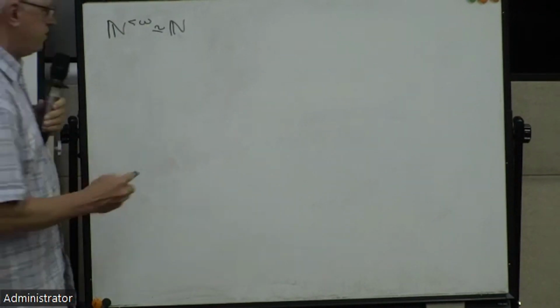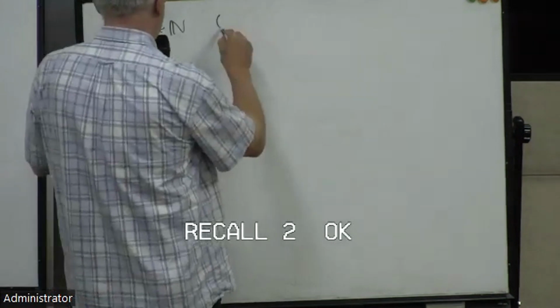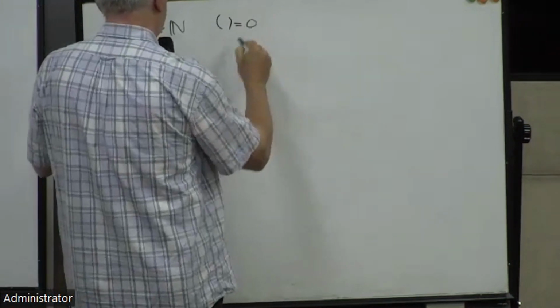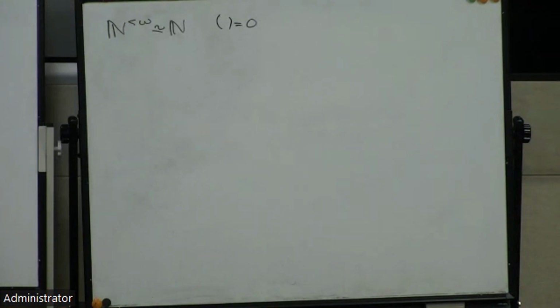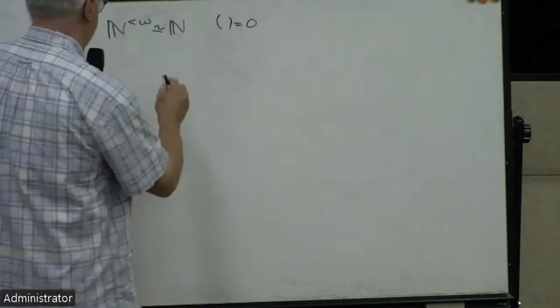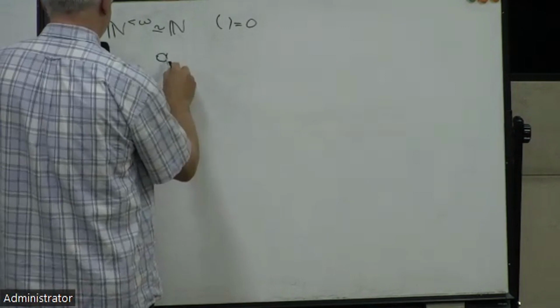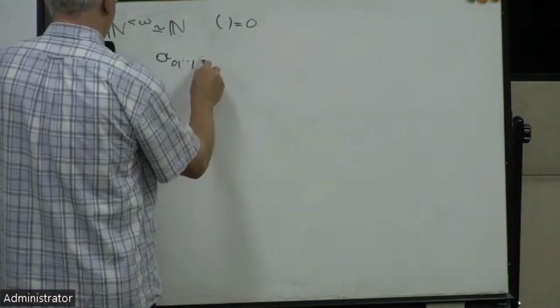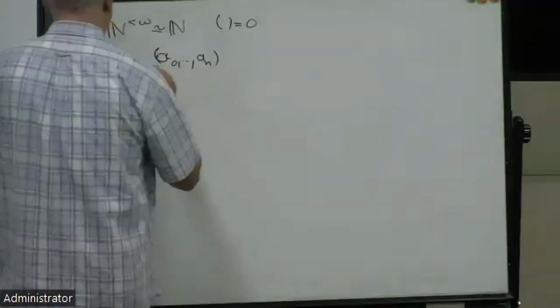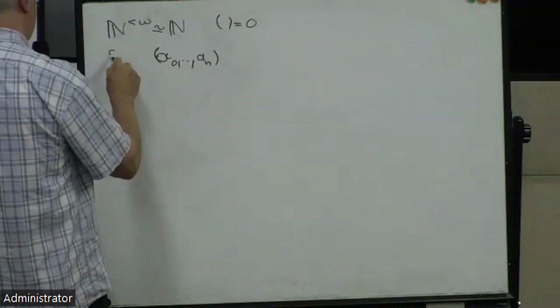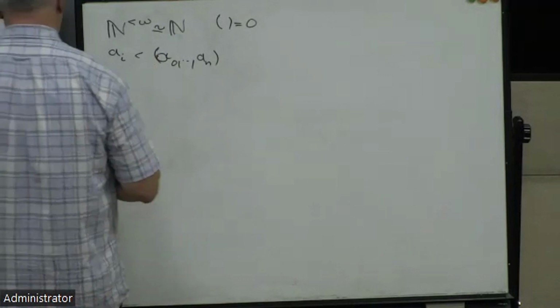And we have a coding function such that the empty sequence gets code 0. And if one has a coding of, let's say, n+1 numbers, then the ith coordinate is smaller than this coding.